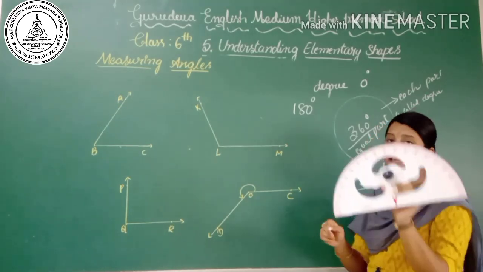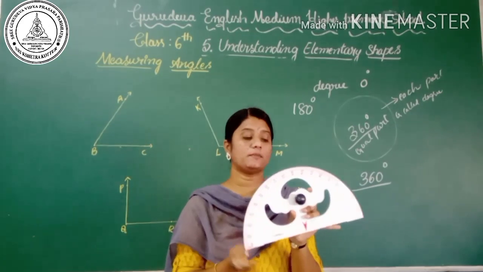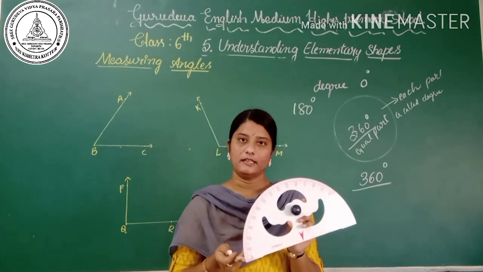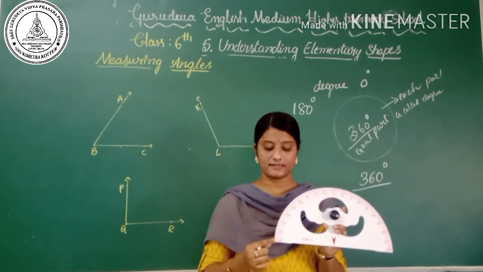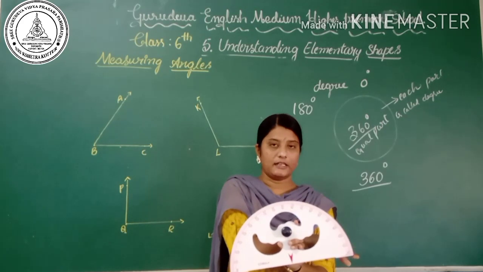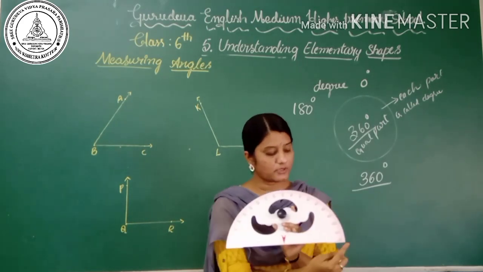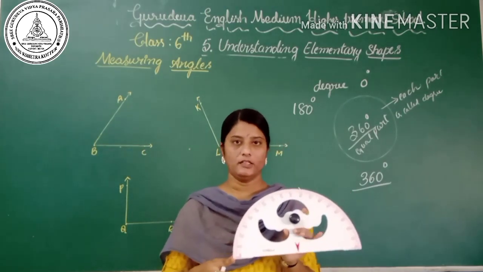So using this protractor, you can measure up to 180 degrees. The marking on the curved edge starts from 0 degree to 180 degree and vice versa. You can see here the 0 degree and here also 180 degree.